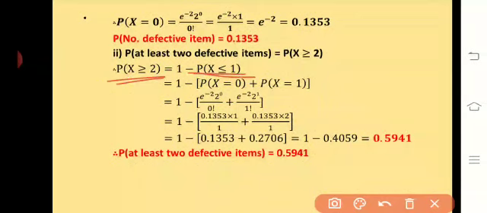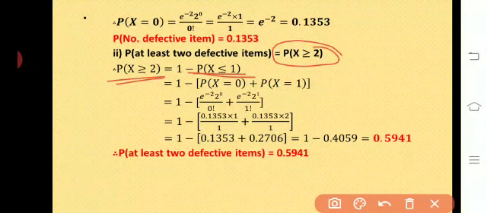Because probability of x greater than or equal to 2 means we have to find the probability of x equal to 2 plus probability of x equal to 3 plus probability of x equal to 4 plus probability of x equal to 5, so on up to probability of x equal to infinity. And practically it is not possible to find all these probabilities and add.